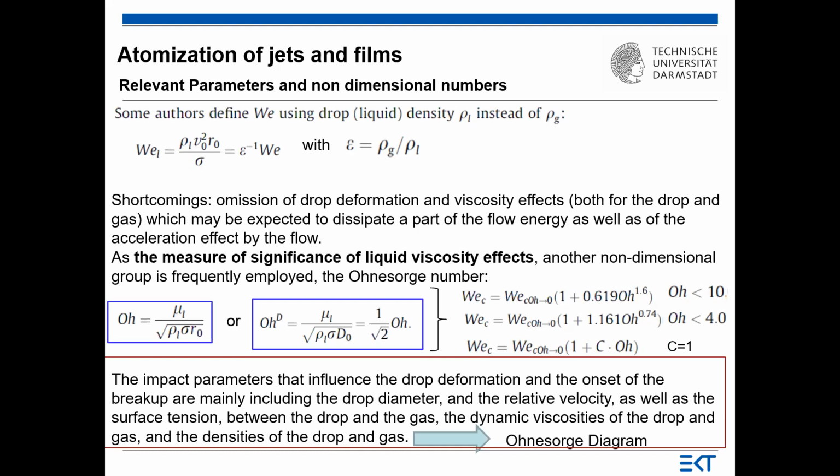Well, you can unmute. Hello. Actually, sir, in the second formula, when the Oh number is less than 4, and in the first formula the Oh number is less than 10. So the first one can also be used for values below 4, since 4 is below 10. So we can use the first one also for the same, or is it restricted from 4 to 10 for the Oh number value?